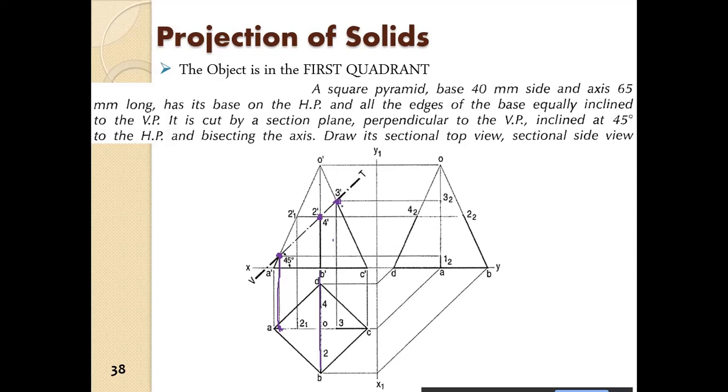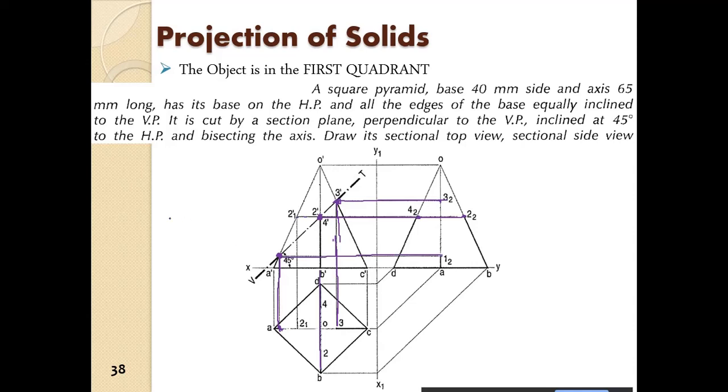And then we have the 3 point here. Similarly 2 dash, 3 dash is projected here to this point. So 2 dash and 4 dash is projected here like this, and 1 dash is projected here up to this point.